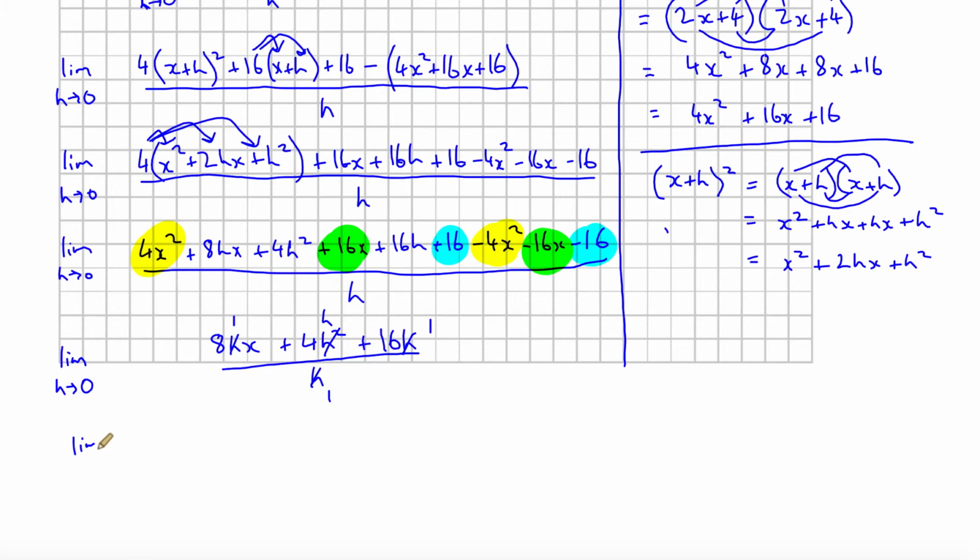So I have the limit as h goes to 0 of 8x plus 4h plus 16. And as h tends towards 0, well 4h will also tend towards 0. So that's going to give me 8x plus 16. And that's it, differentiated from first principles.